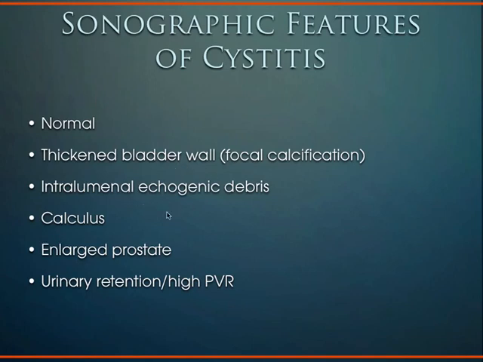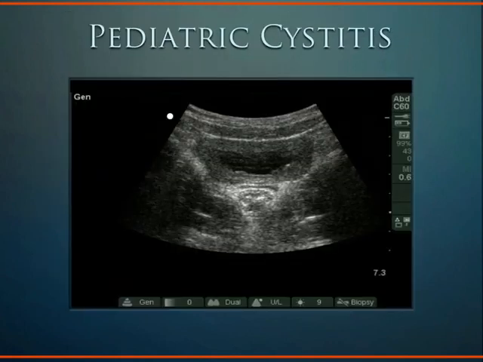Sometimes you'll see some echogenic debris within the lumen of the bladder, or even a bladder stone. Sometimes you can make out on ultrasound quite easily an enlarged prostate, and the patient can have urinary retention or a high post-void residual, which can lead to chronic echogenic debris, which forms calculi and infections in the bladder.